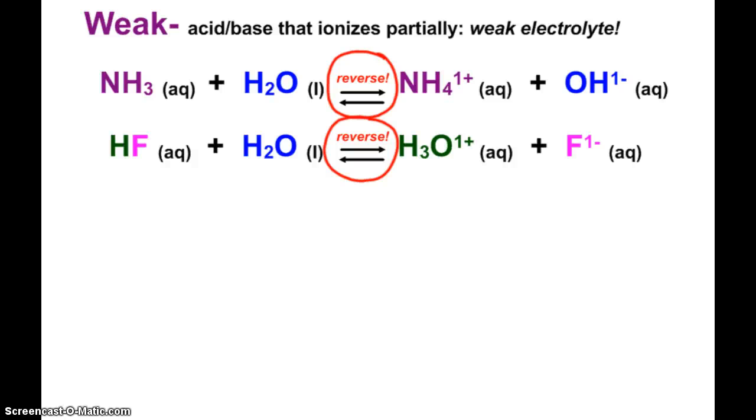So we definitely want to pay attention to that. Some of these, like acetic acid or this hydrofluoric acid, we're talking like 1% or anywhere between 1 and 3% that actually ionizes and creates the acidic solution, or basic solution. So it's not to a very great extent. And again, we'll study that more in depth later.